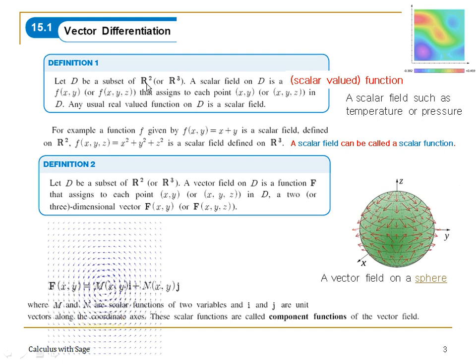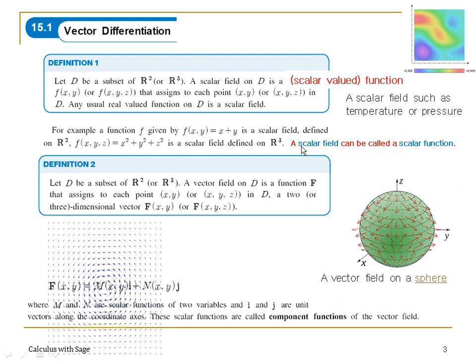Let D be a subset of R2 or R3. A scalar field on D is a scalar valued function f that assigns to each point (x, y) or (x, y, z) in D a real number. So any real valued function on D is a scalar field. For example, the function f(x, y) = x + y is a scalar field defined on R2. f(x, y, z) = x squared plus y squared plus z squared is also a scalar field defined on R3.